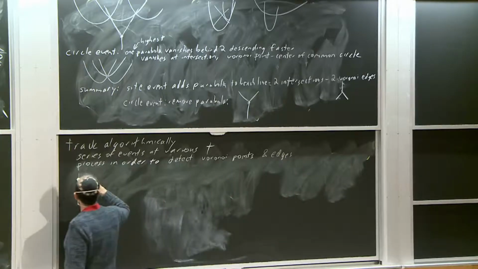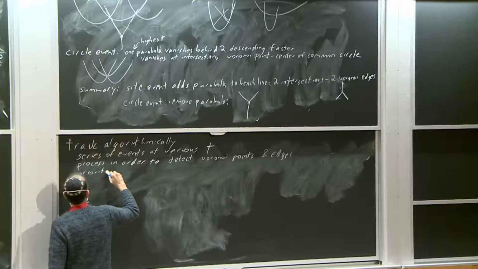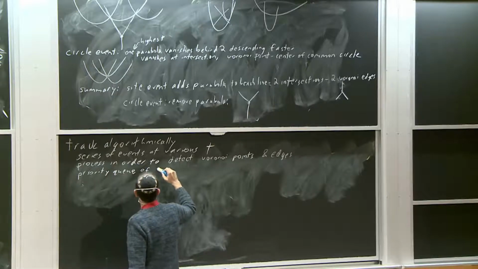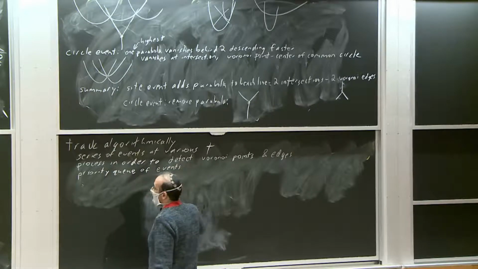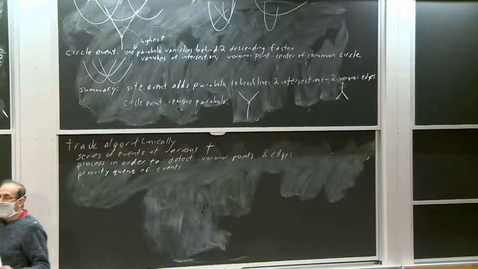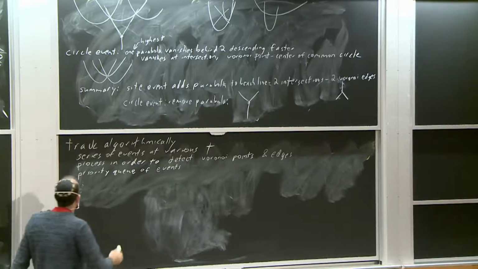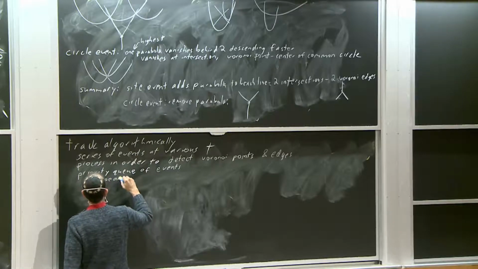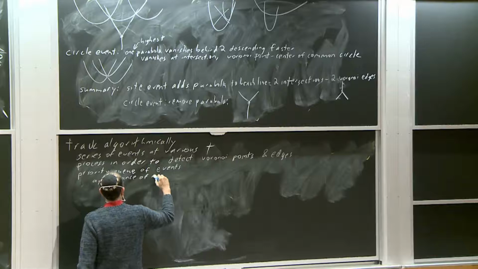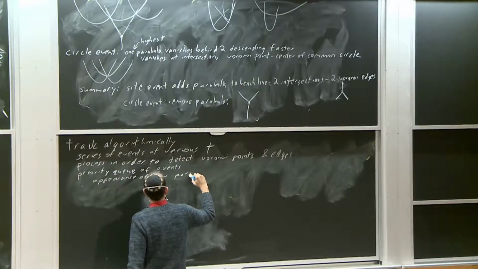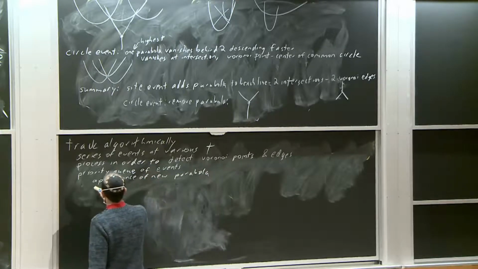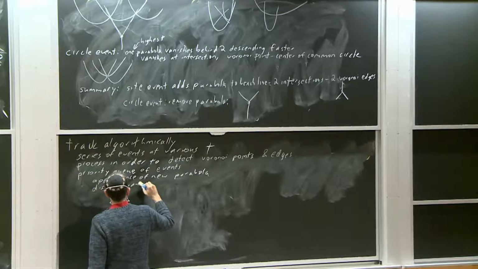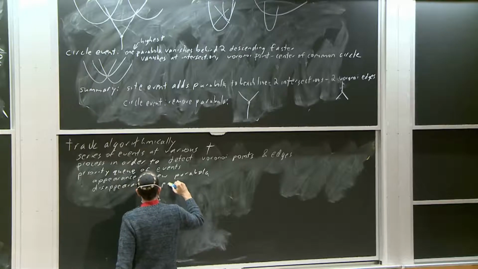So what we're going to do is we'll use a priority queue of these events of where things happen. And what are these events? These events are appearance of a new parabola, and disappearance of a parabola.